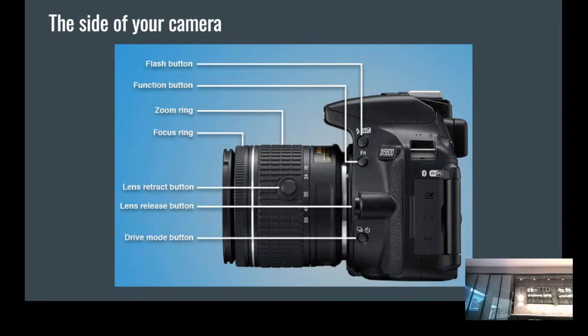Now that lens retract button, you're not going to see that on every single lens. It's actually basically going away for the most part, but on some lenses you're going to have that. Now, I have a lot of customers, when they first buy that lens or get a lens like that, they think it's broken. They don't understand why it does that.